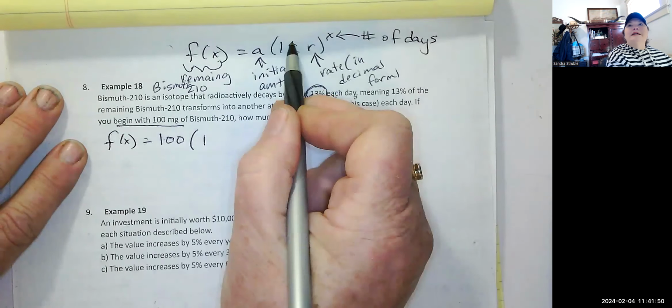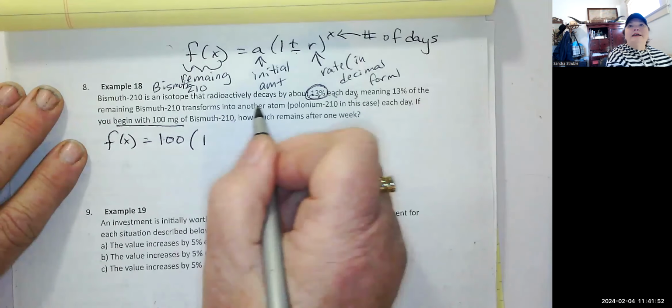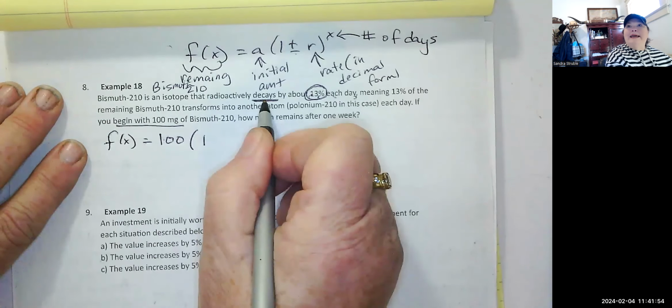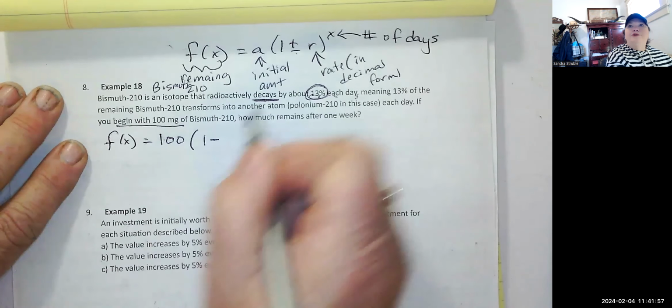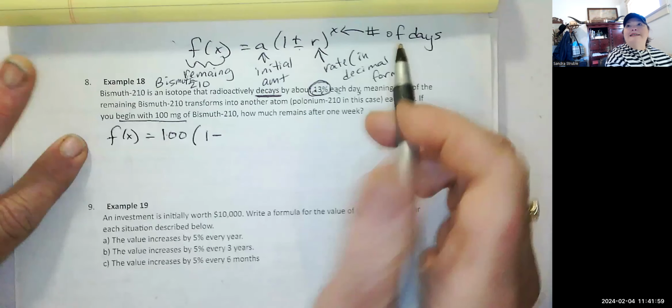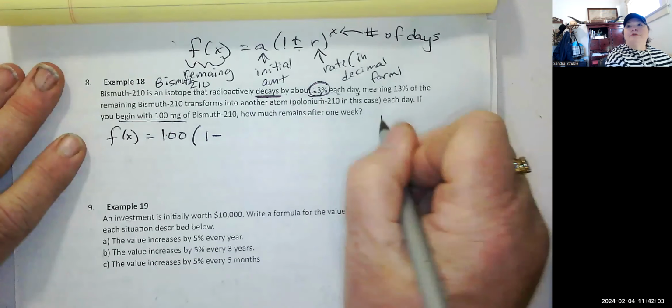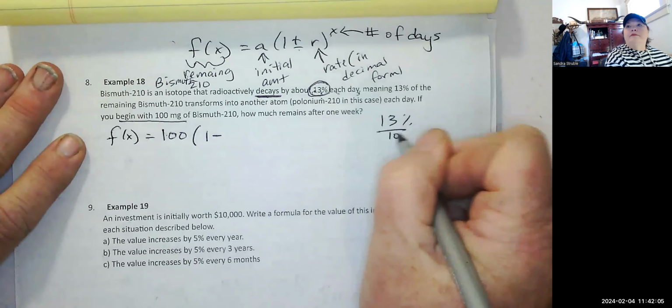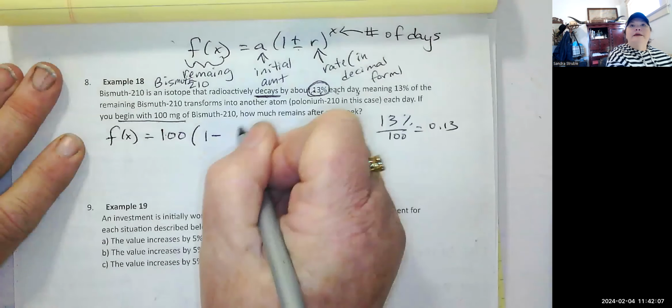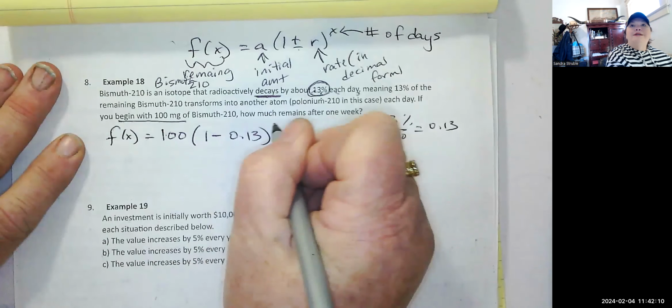Now, is it growing or is it decaying? They told us that it's decaying. So minus the rate, and how fast is it decaying? 13%. So I need to change that to a decimal and plug that in here, per day.